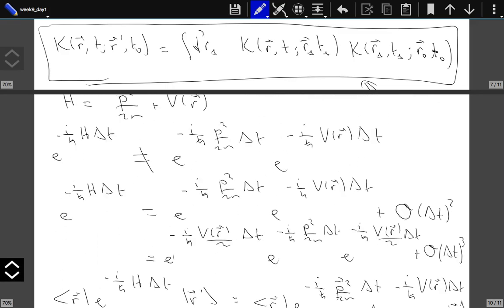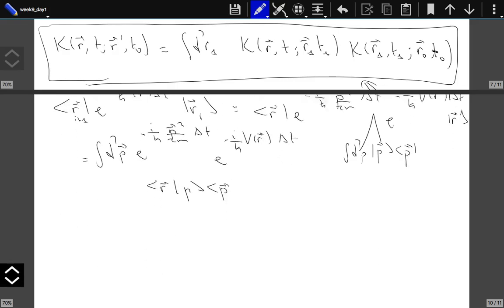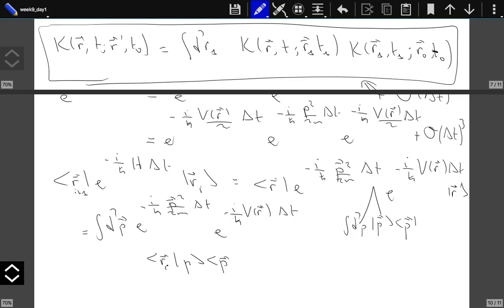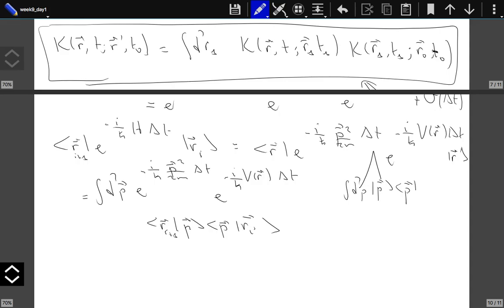Just one correction here, I'm talking about r_{i+1} and r_i. So this is the matrix element r_{i+1} p r_i.